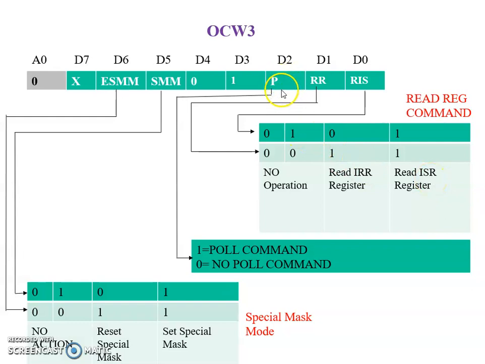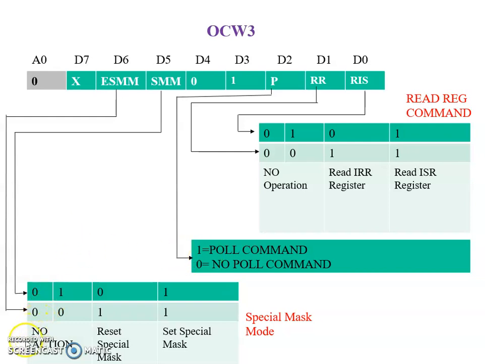The next D2 bit is P. P means poll command. If it is 1 then we are using the poll command, and if it is 0 then no poll command. Using the poll command we can increase the number of interrupts to more than 64, but there is some disadvantage. In this case the microprocessor wastes its time.